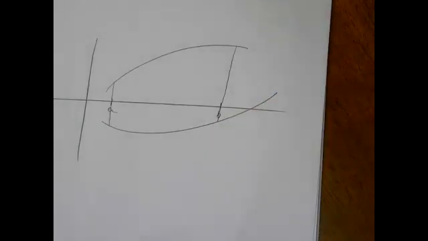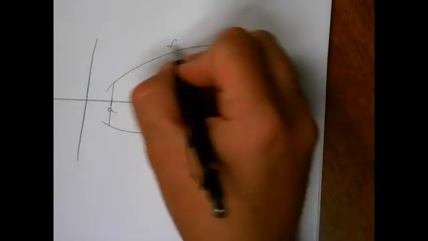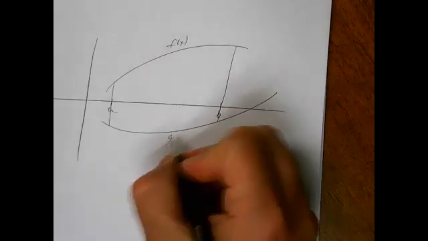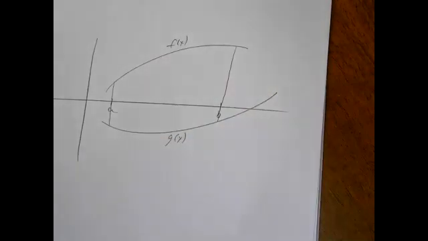And for convenience, we will say that they are continuous curves on the interval from A to B. Call this one f of x, and call this one g of x.